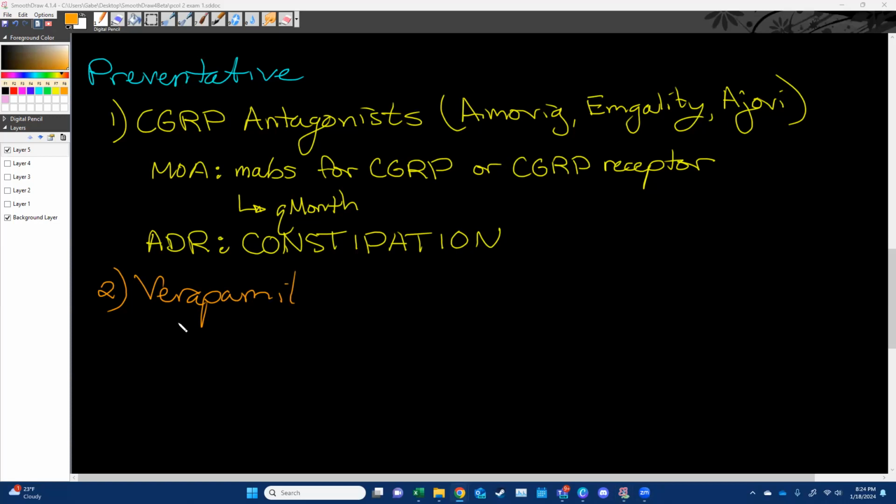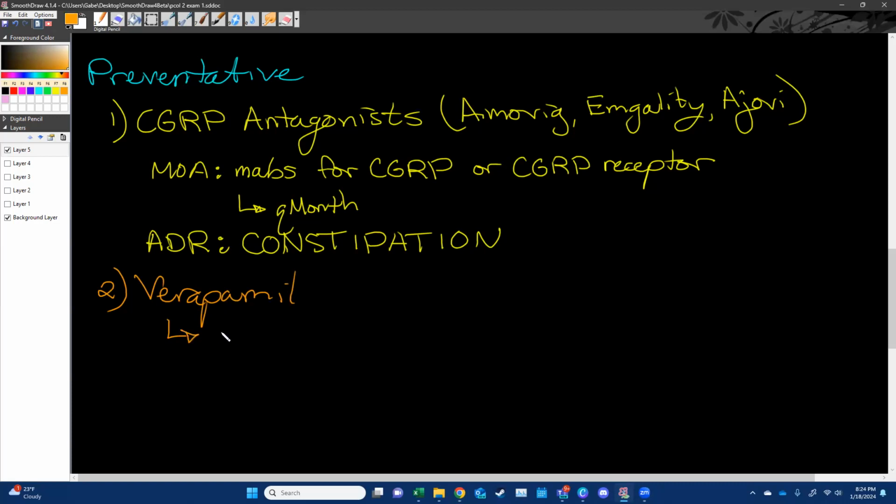I believe the reason is because of the calcium channel blocker activity of verapamil, which leads to a decrease in CGRP release. I'm not sure if this is the same with other calcium channel blockers. I think it's because verapamil can cross the blood-brain barrier. That's why we talk about it, but I'm not sure off the top of my head.